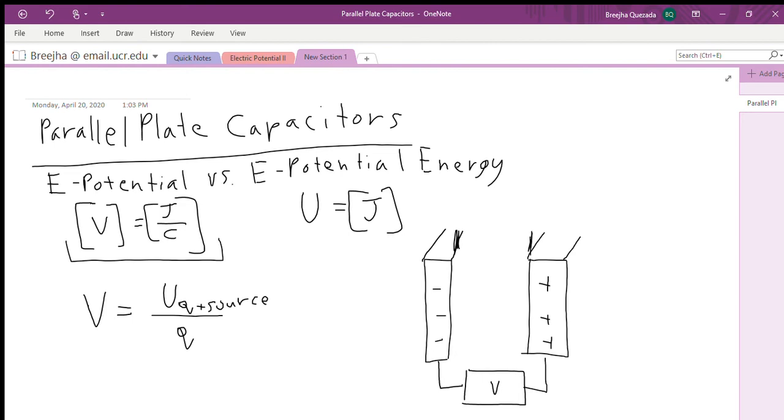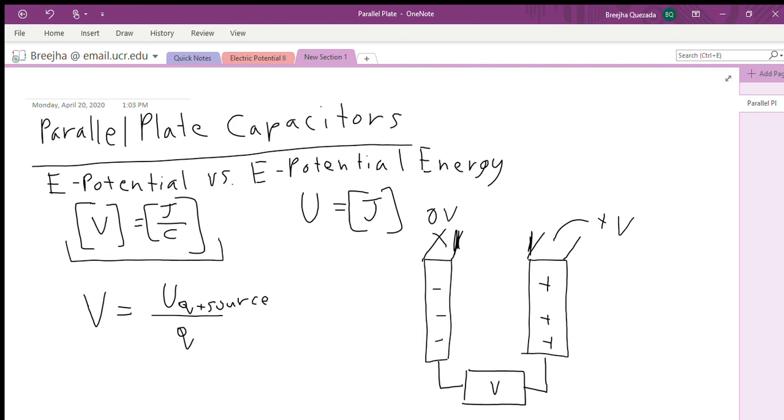In this case, this charge would be then 0, and this charge would be positive V. Sometimes people ask me why not positive V and negative V, because that makes more sense to them.